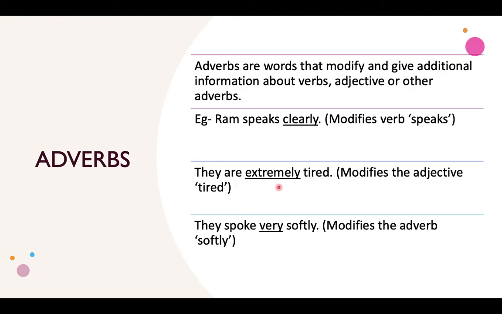They are extremely tired. It modifies the adjective tired. They spoke very softly. This modifies the adverb softly. So in all these sentences, children, you have seen that it gives some additional information about a verb, adjective or adverb.